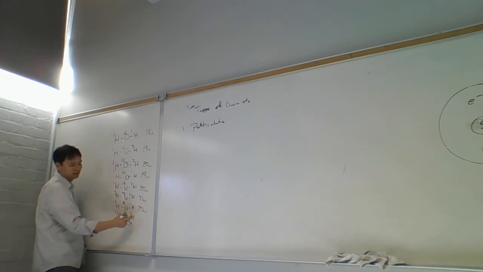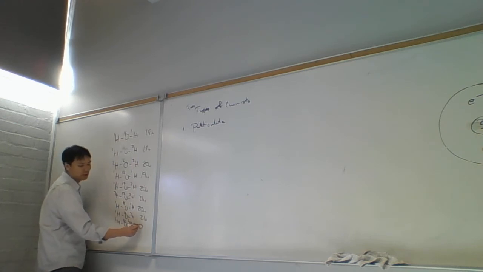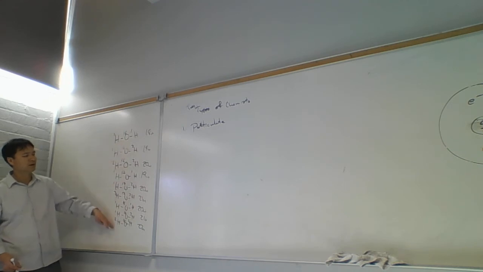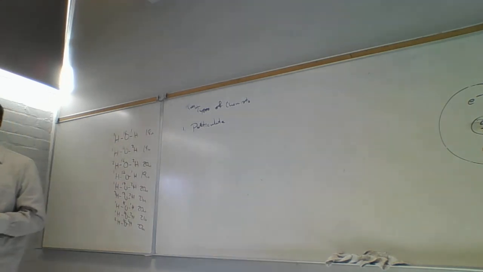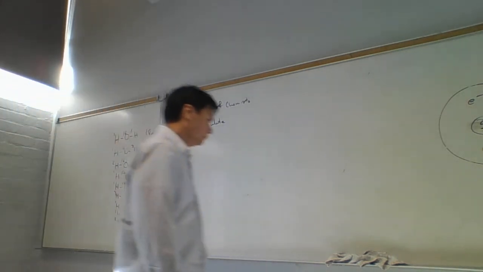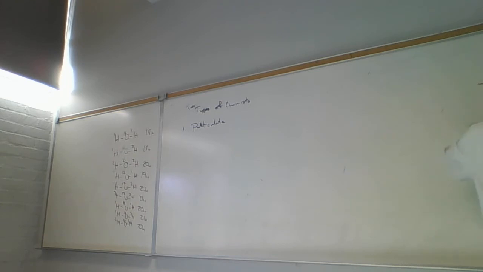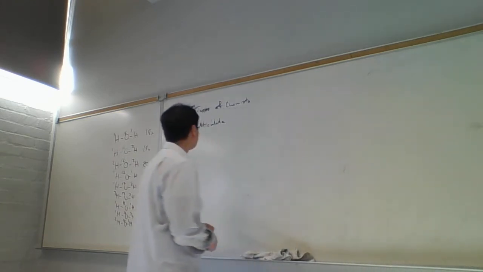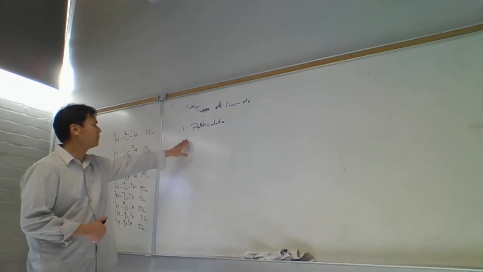This one, 21 U. This one, 22 U. And so the heaviest one weighs 22 U, the lightest one's 18 U, and then we have these in between. So if you're dealing with individual molecules or individual atoms, you are very concerned about which one you get. And so that's at the particulate level.